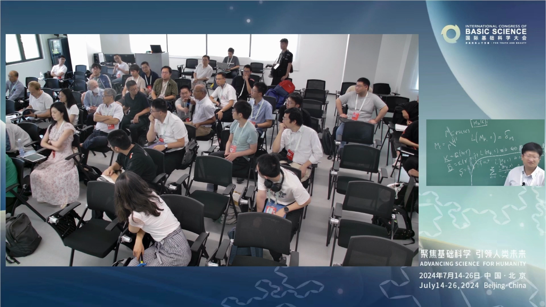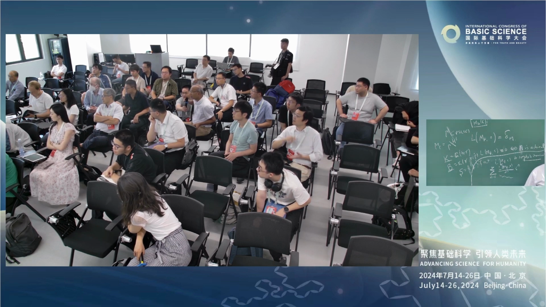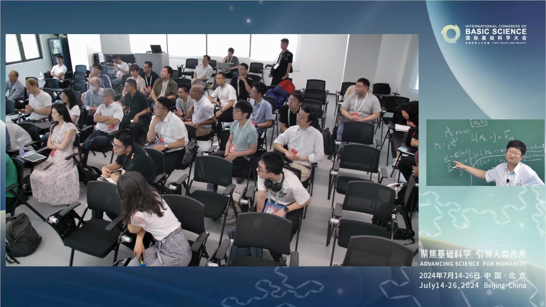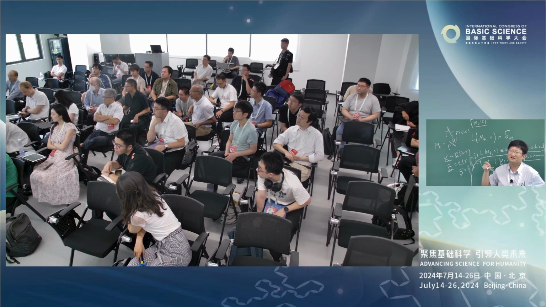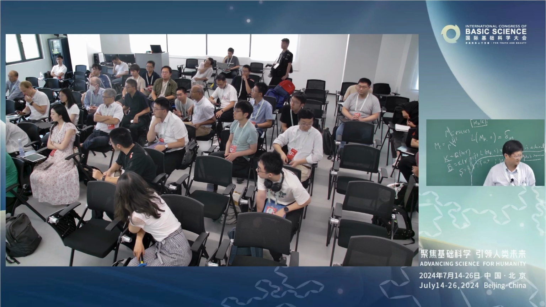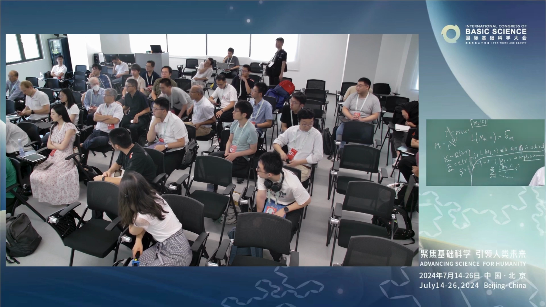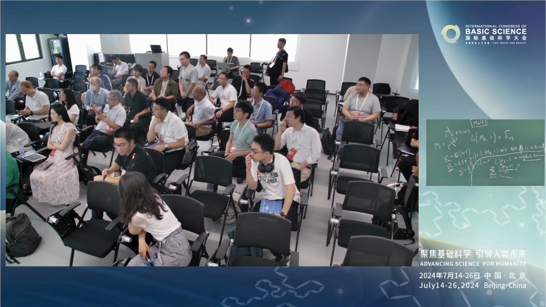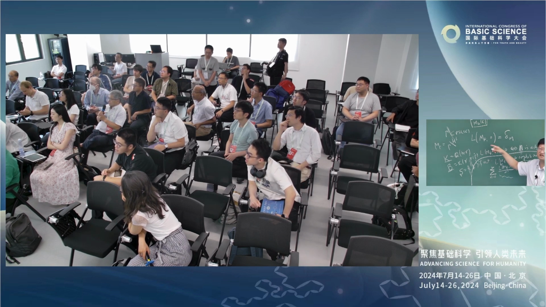If it is arithmetic, then this K is almost totally real: it has one complex place, and all the other infinite places are real. But in general, it's not.